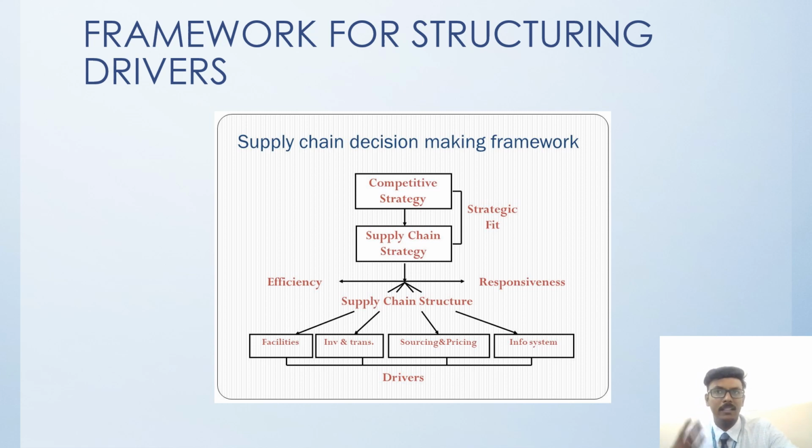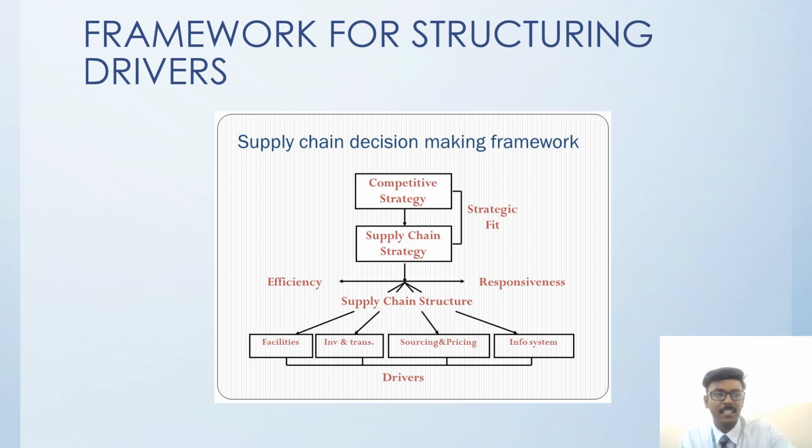Suppose the product is available in Pune, it will show that the product is currently in Pune. Now it is transferred to cargo and it reached the Bangalore hub, and from Bangalore it may reach the Chennai hub. From the Chennai hub it will reach the nearby delivery center. Like that, we can easily trace where exactly the ordered product is, isn't it? So information plays a vital role in customer satisfaction.